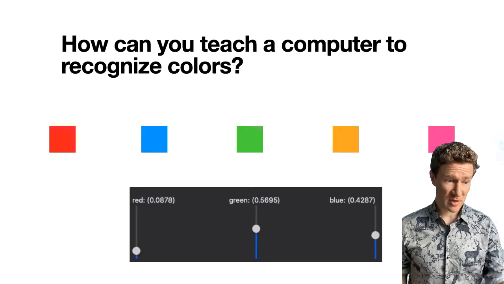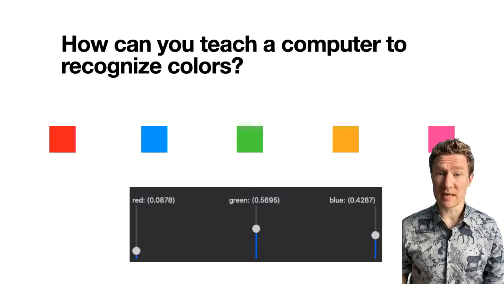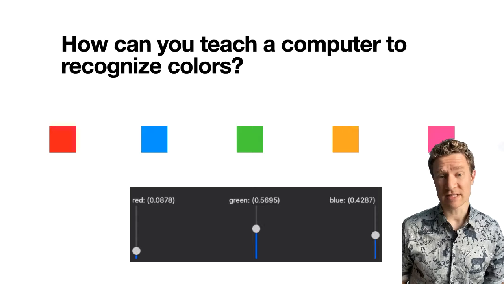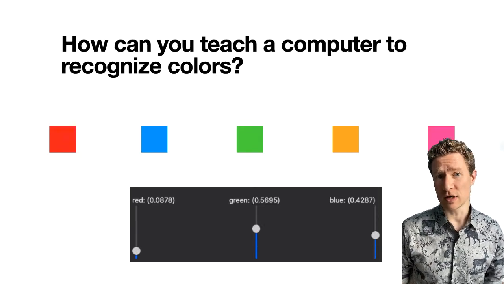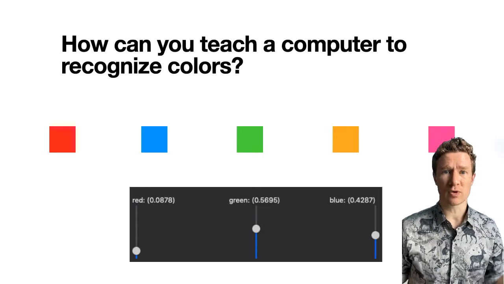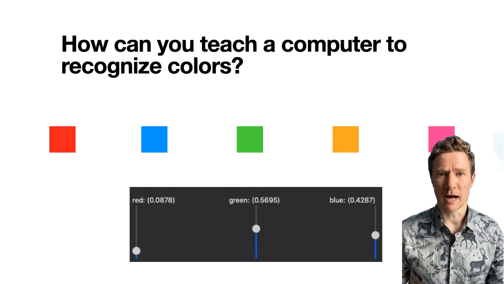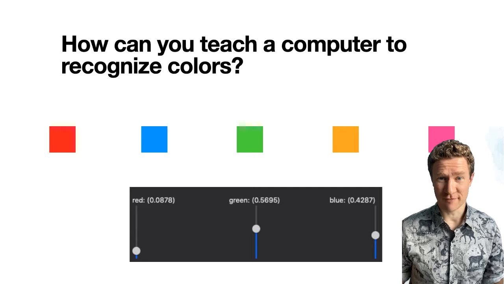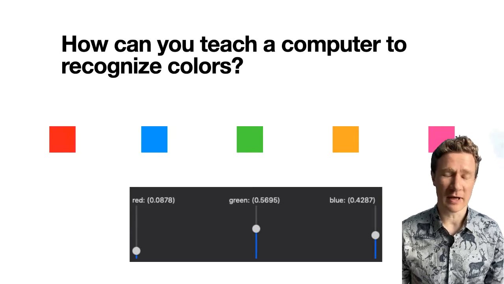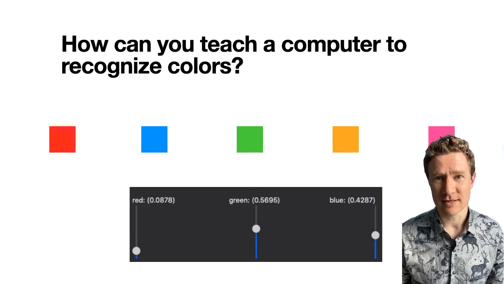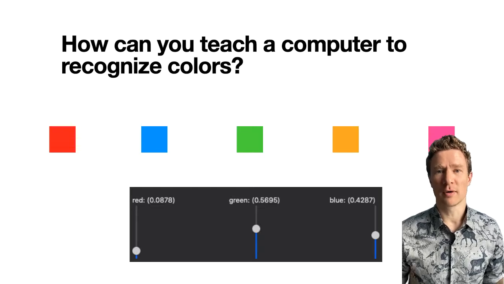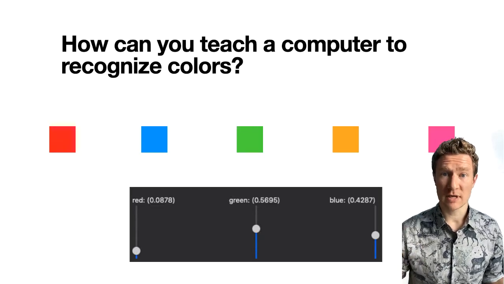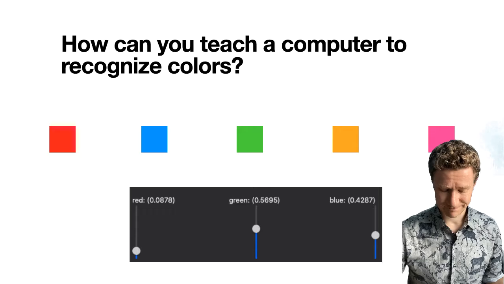So for this particular color, red is 0.0878, green is 0.5695, and blue is 0.4287. And the numbers range from 0 to 1. And so I doubt, just from your experience, that you would be able to look at that and know exactly what color that is. But the computer knows how to take those three numbers and generate a color from it.